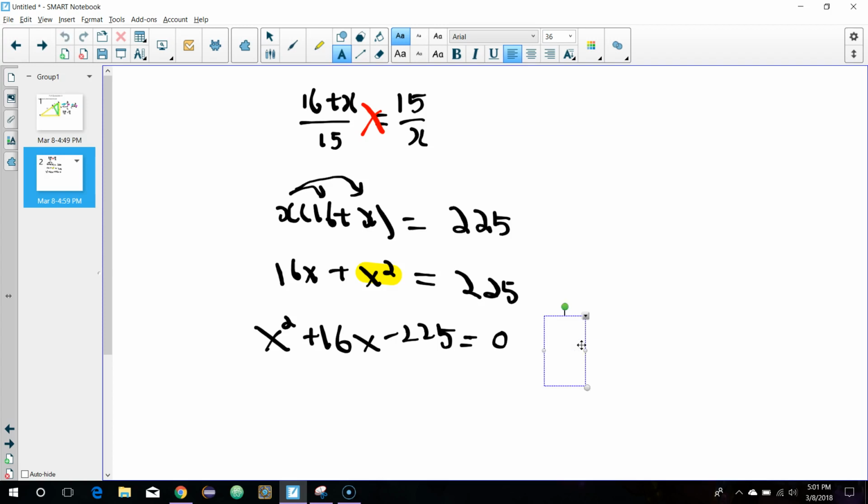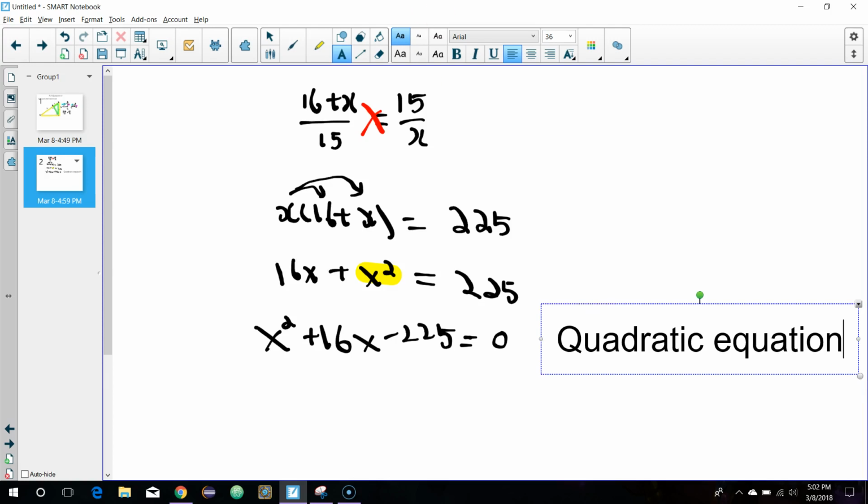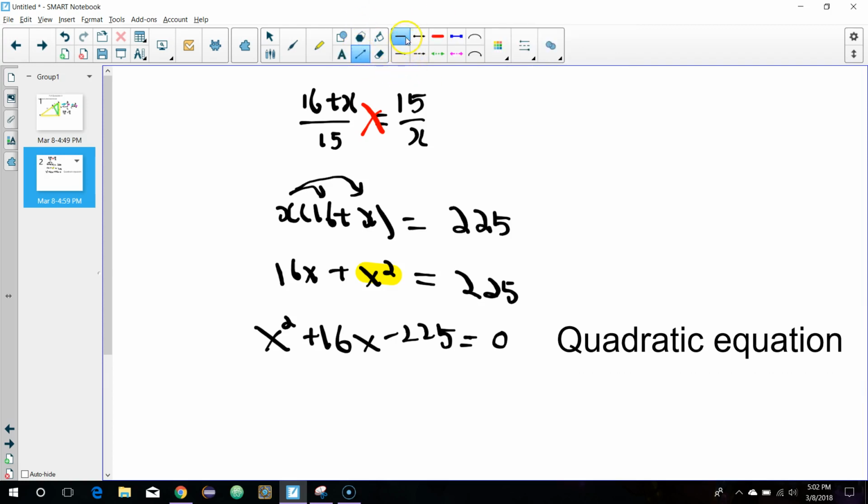This is what we call a quadratic equation. So now, if we can solve quadratic equation, then we can solve x. We can solve x.